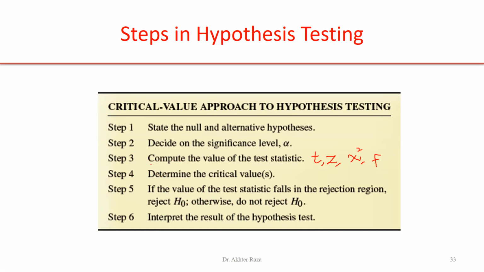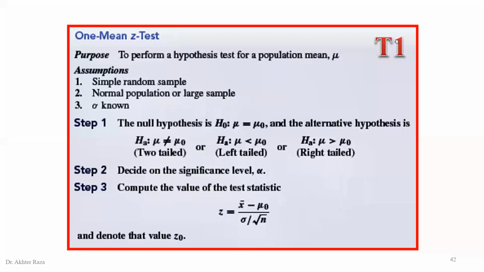If the value of test statistics is in the critical region, we will take a decision that data provides sufficient evidence in support of H1. And then finally, interpret the result. So these are the 6 steps which we have to apply whenever we are solving a problem by using the critical region approach. I will record a separate video for the p-value approach.